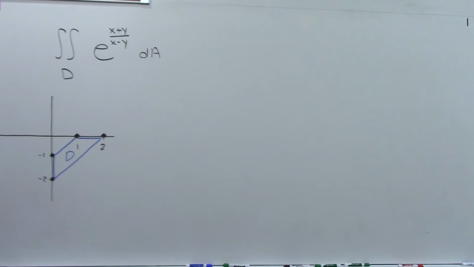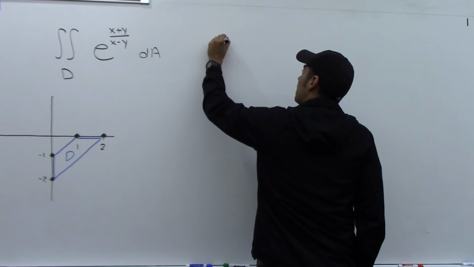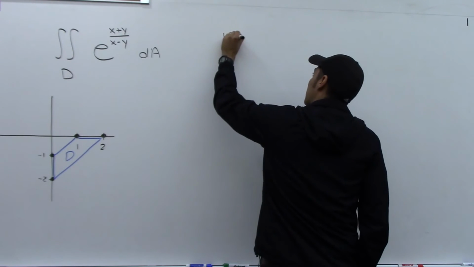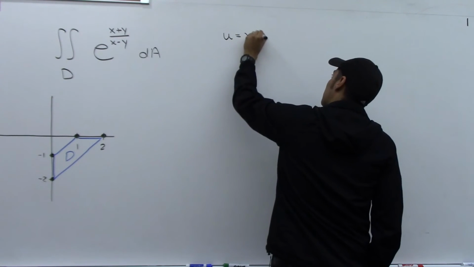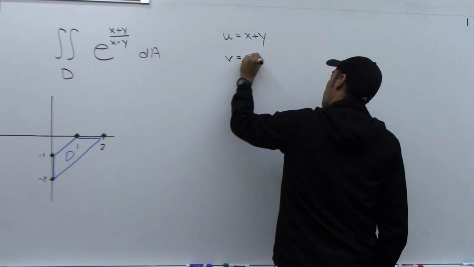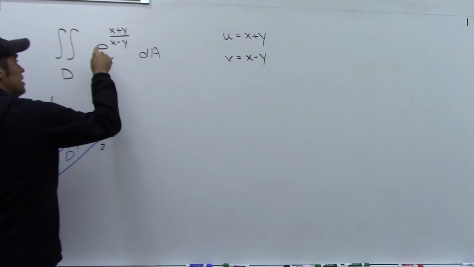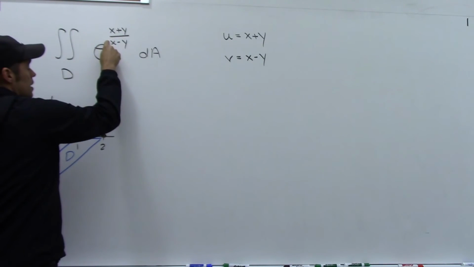Well, it's difficult in this sense to figure out what you need that to be. Like you need to write x as a function of u and v, and y as a function of u and v. But if I just make a wild, educated guess here, what if I let u be x plus y and v be x minus y? If I do this, then this integral becomes e to the u over v, right?